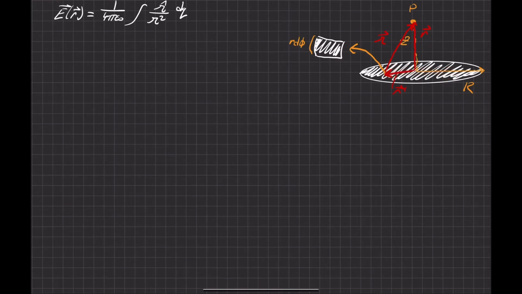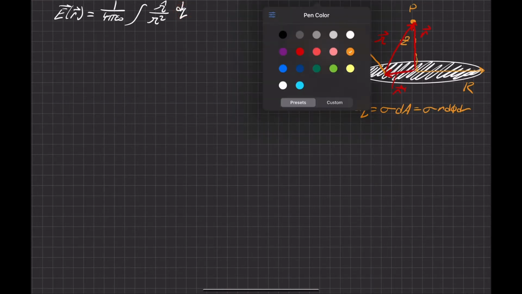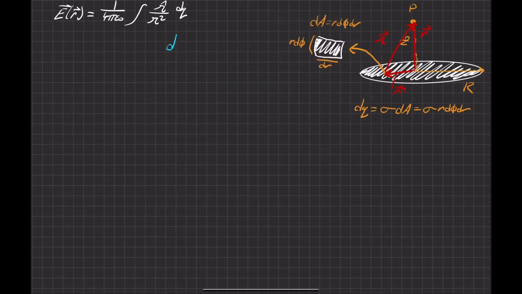And then this distance here is going to be dr. The area of this whole thing, dA, is just r d phi dr. That means that our dq is equal to the surface charge density sigma times dA, so we plug in r d phi dr. That helps us find out what dq is, so we'll put dq here.